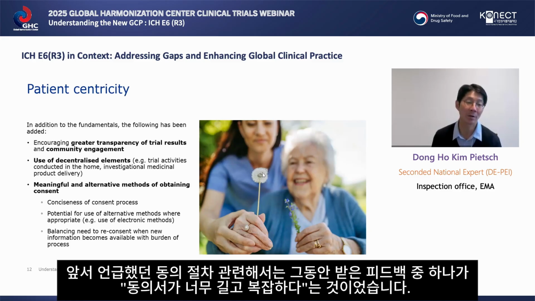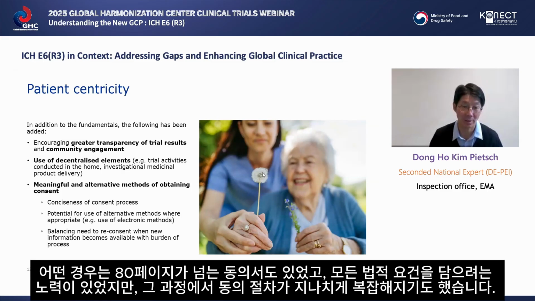And on the consent topic, as alluded to earlier, there has been feedback and concern that the informed consent process and forms have become too big, with forms covering 80 pages or so.